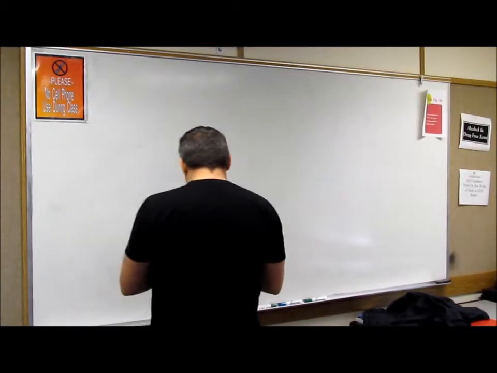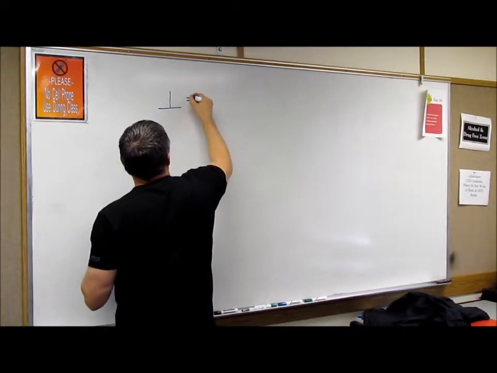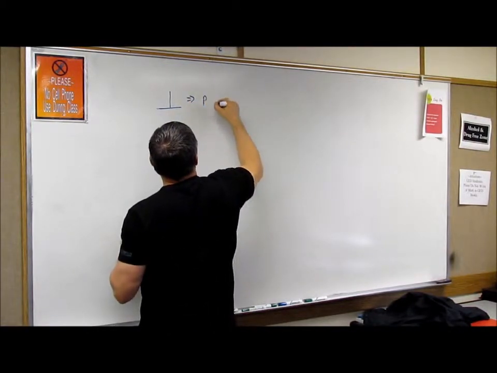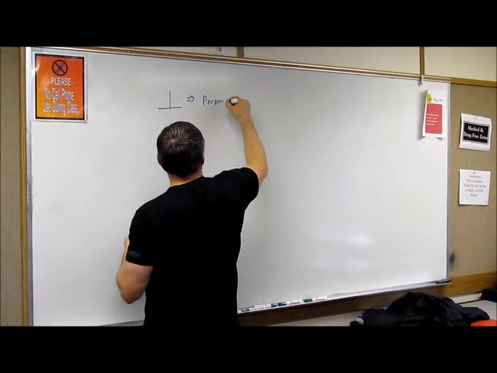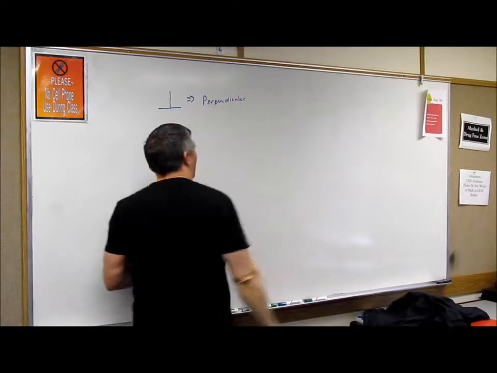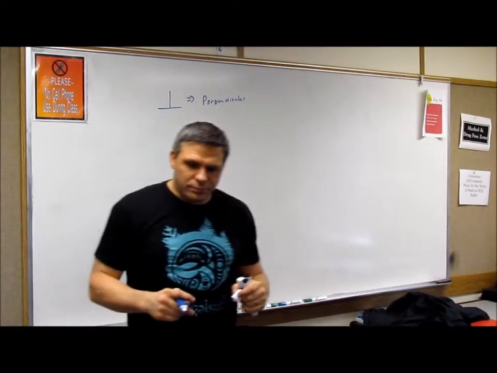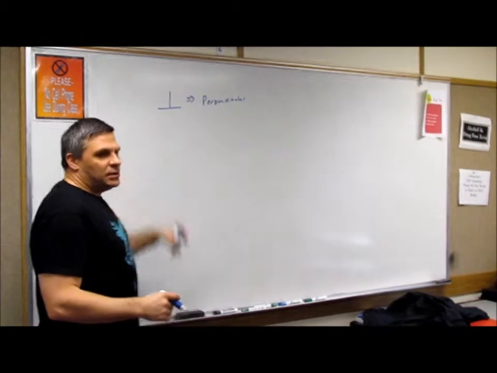Let's talk about that. So here's the symbol. This implies to be perpendicular. Okay, so something's perpendicular, we use this symbol.